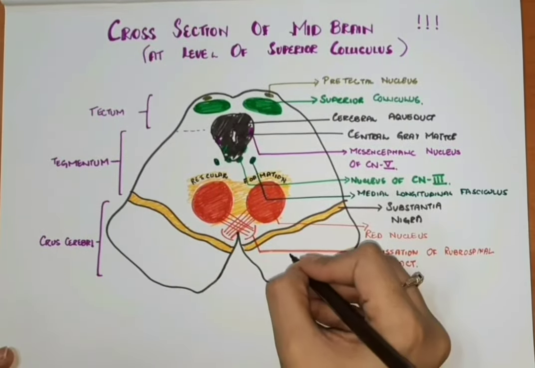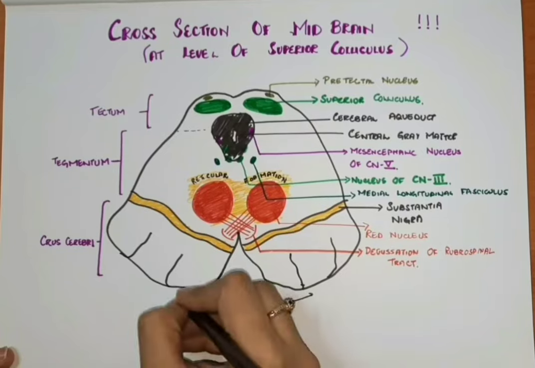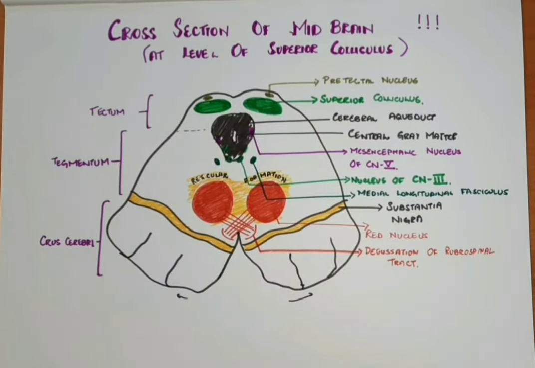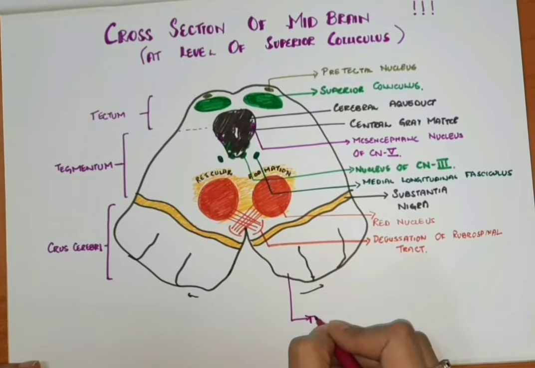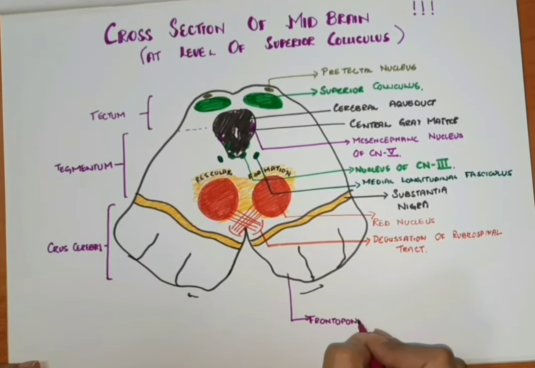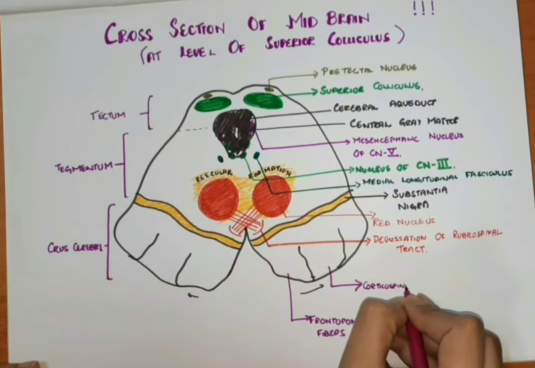In the front part of the crus cerebri, there is a very important arrangement of the descending fibers. Moving from medial to the lateral side, there is arrangement of the frontopontine fibers in the most medial part. Next to it is the location of corticospinal fibers and the corticonuclear fibers.